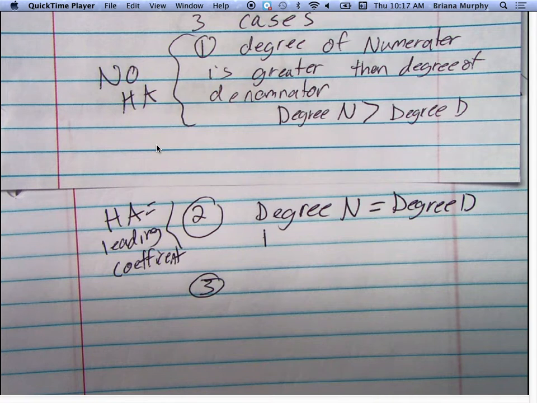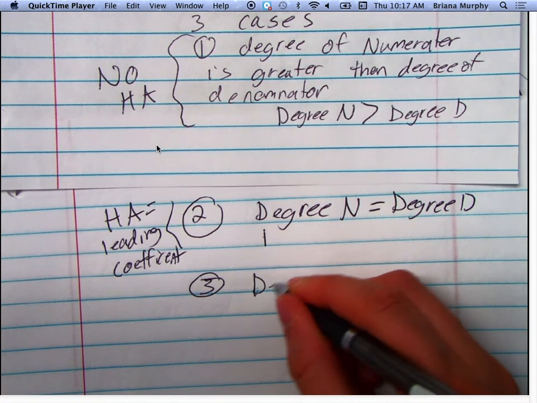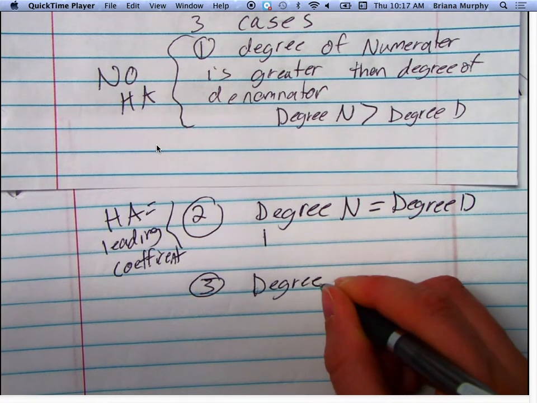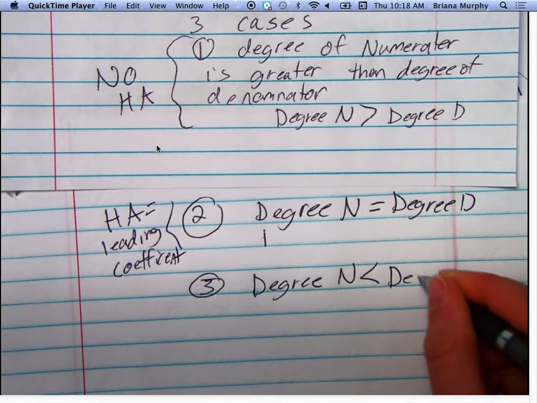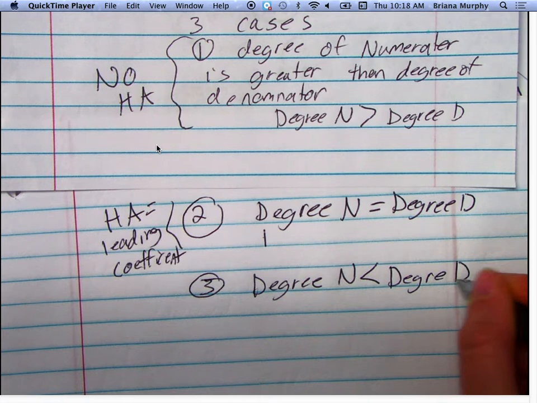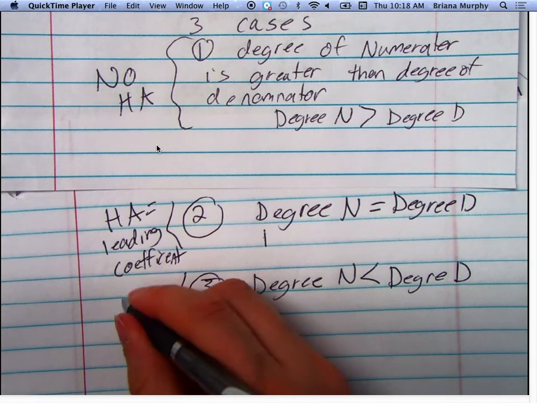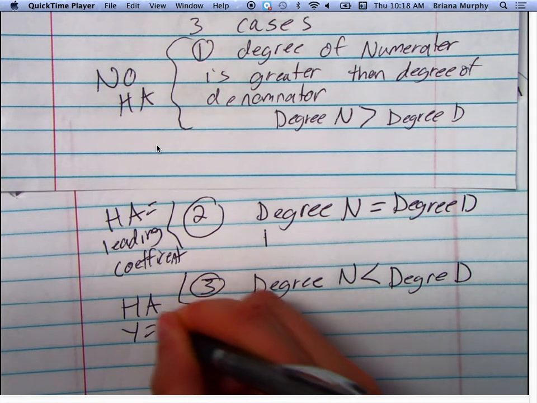Case 3, the degree of the numerator is smaller than the degree of the denominator, then horizontal asymptote is y equals 0.